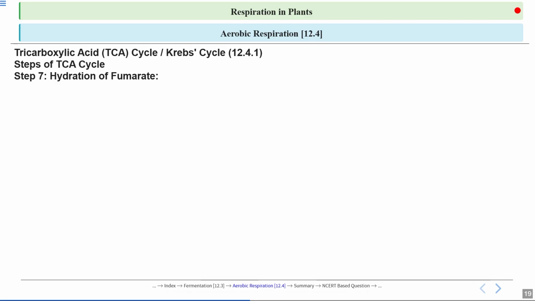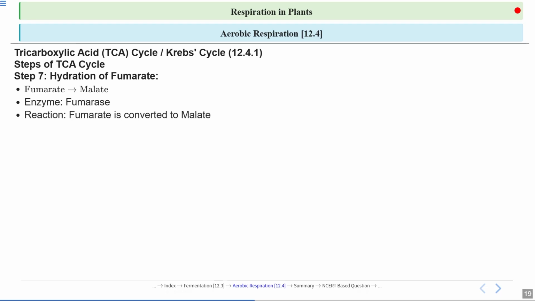Now let's look at the next step, that is hydration of fumarate. So this is where the molecule fumarate is changed by adding water. So here fumarate is converted to malate. And the enzyme that catalyzes this reaction is fumarase. So fumarate is converted to malate catalyzed by the enzyme fumarase.